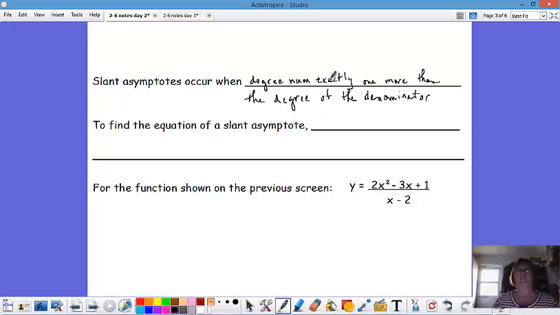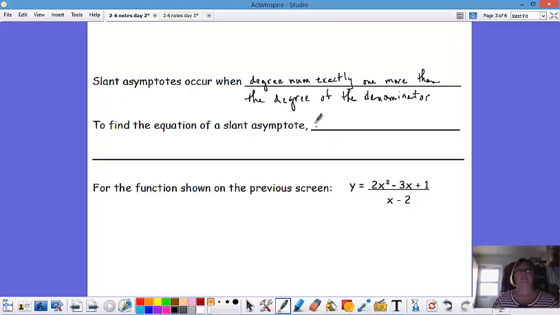Remember, vertical asymptotes happen when denominators have 0 in them. Horizontal asymptotes happen when the degree of the numerator is equal to or less than the degree of the denominator. Slant asymptotes happen when the degree of the numerator is exactly 1 more than the degree of the denominator.